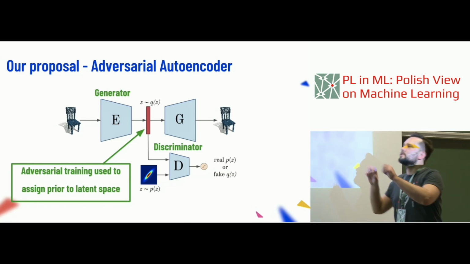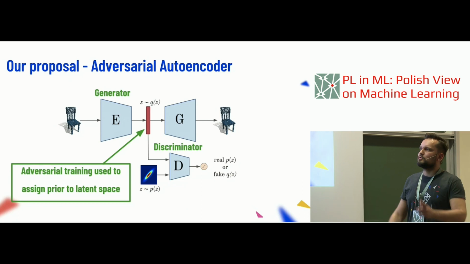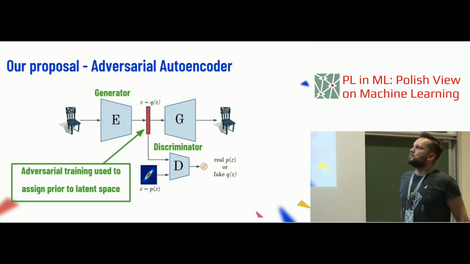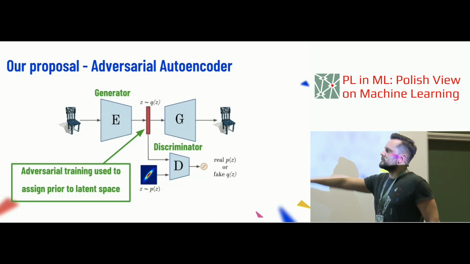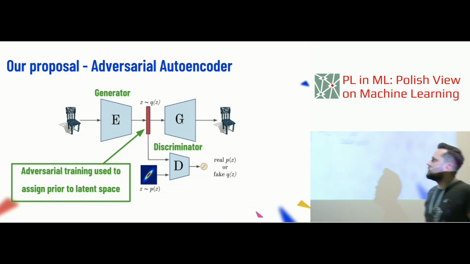So in this particular architecture, the encoder plays two roles. The first role is to encode the 3D point cloud into the latent space and generate artificial samples similar to the samples generated from the prior distribution.